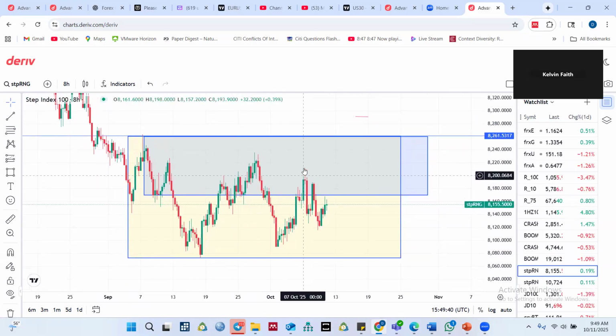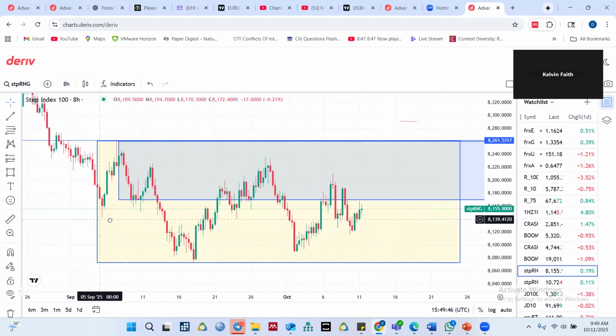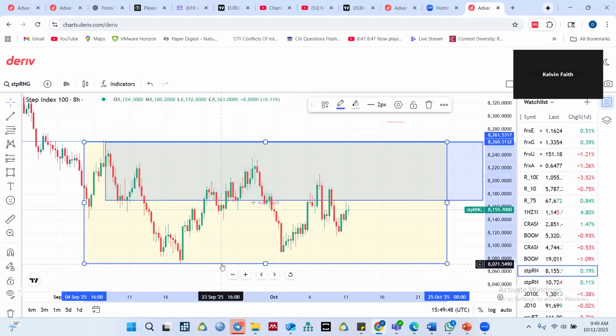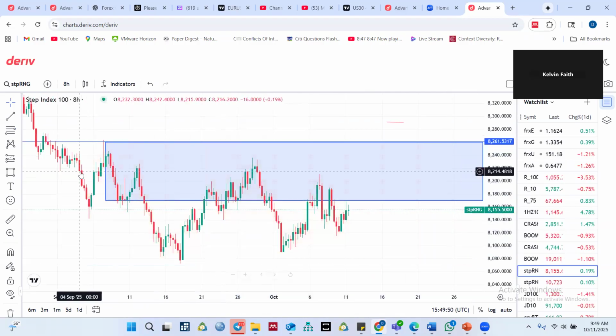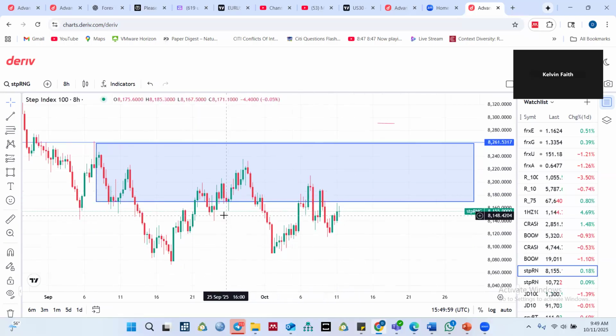Good. So this is the 8-hour time frame. So what should we expect, or what should we do? So I have the blue line up. Good. So let's mark, and we have our premium zone shaded.